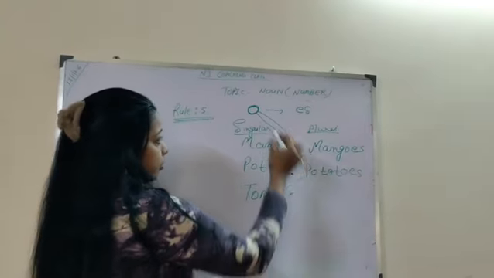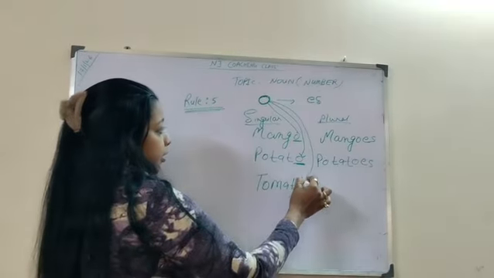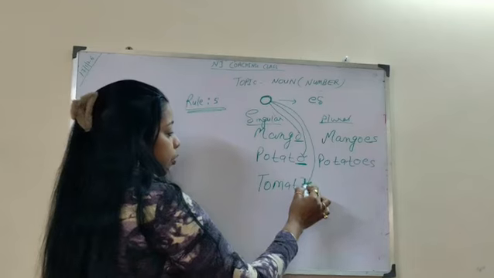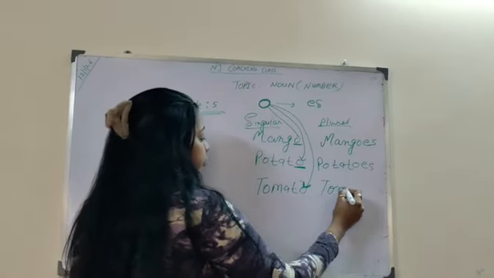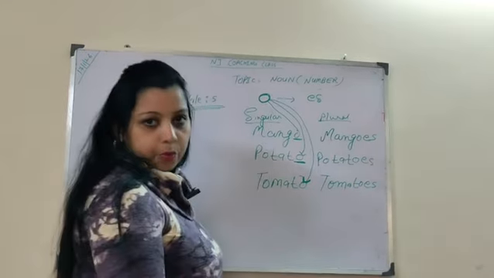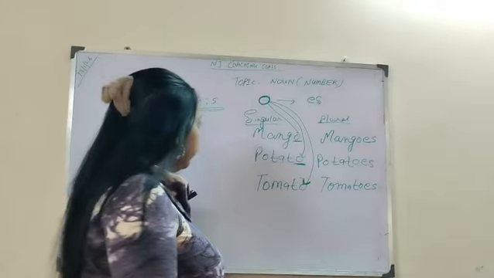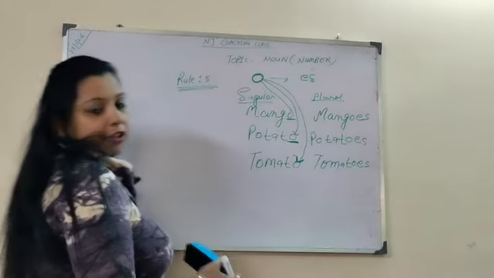See, tomato also, the last alphabet is O. So according to our rule number 5, we have to add ES. Tomatoes. Okay. So this was rule number 5. Let's go to the next rule. If you want to take a screenshot, you can take it.